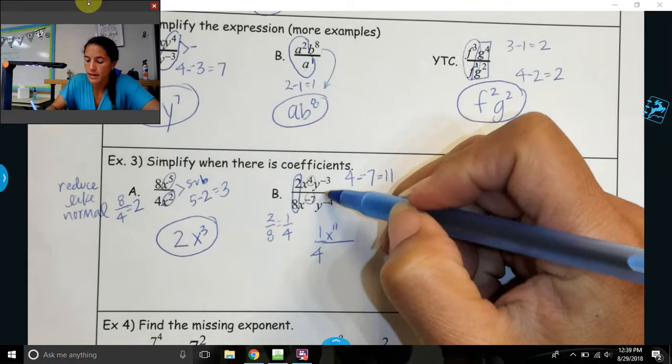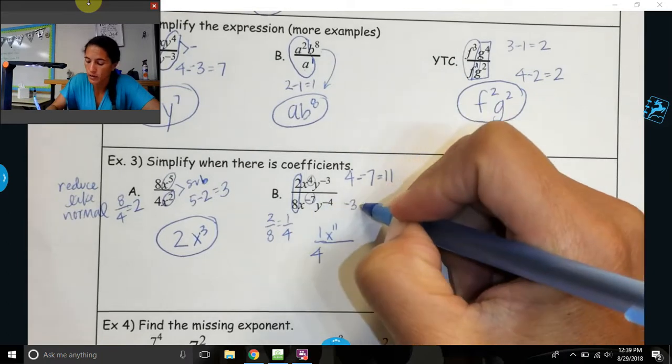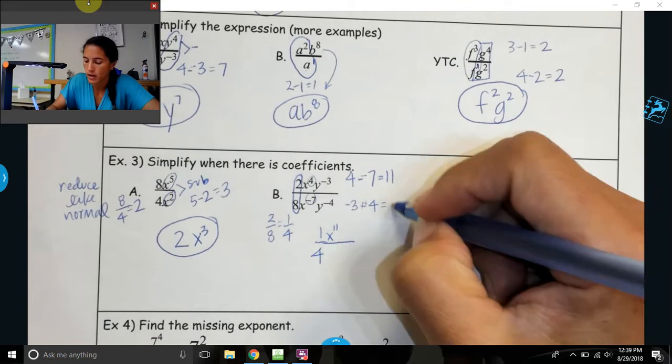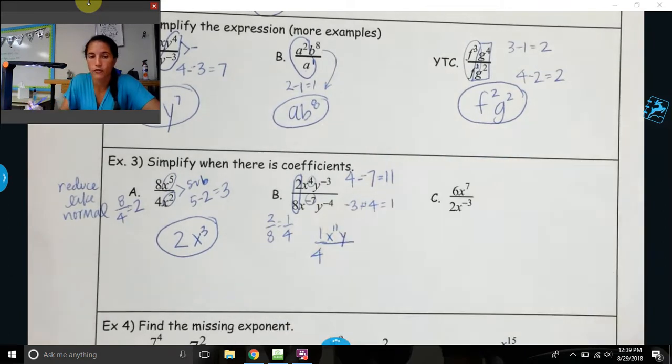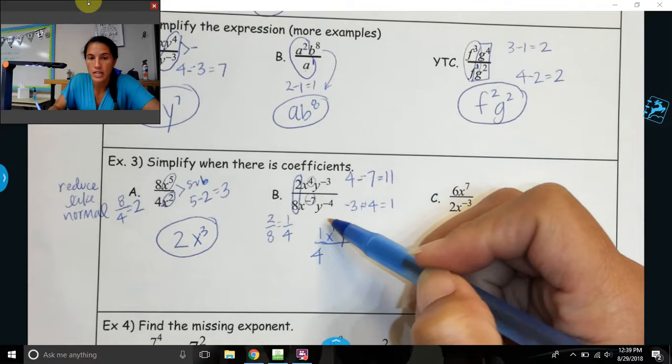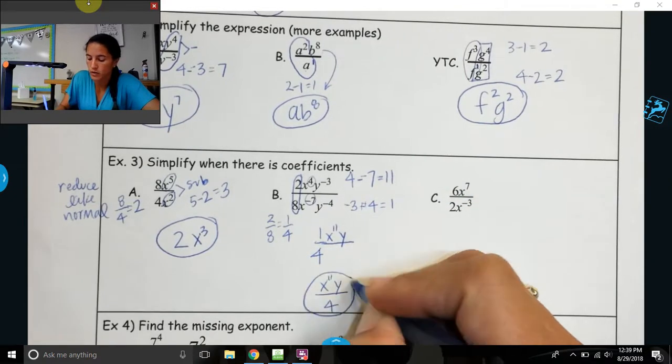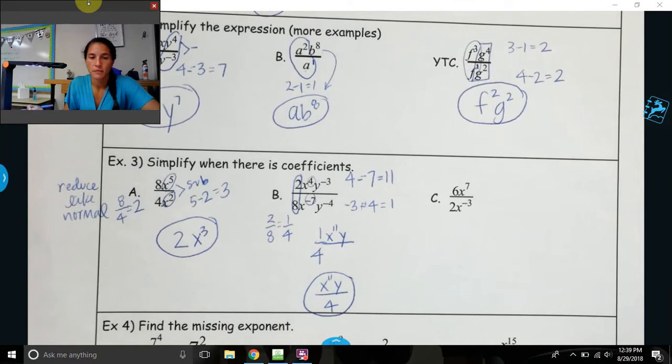And now I'm going to subtract my y exponents, negative 3 minus negative 4, and that is a positive 1, so y to the 1st. Now, I really don't need this 1 as a coefficient, so this would be the best answer instead of having that 1 there, because it means the same thing.